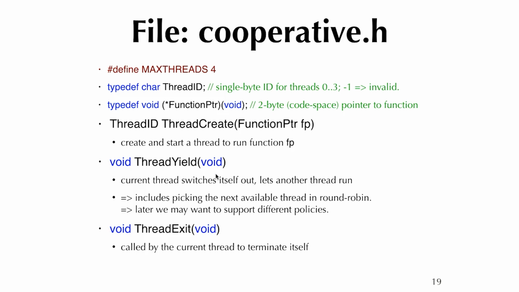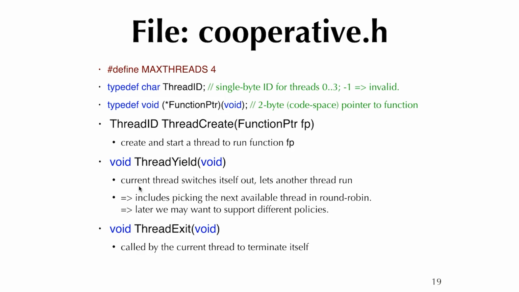So what does thread yield do? It allows a thread to voluntarily give up control. Returns control to whom? Well, to the thread manager. What's a thread manager? It's the program that gets started before main starts, and it's there to manage the threads. It's the code that allows you to create and destroy threads, right?